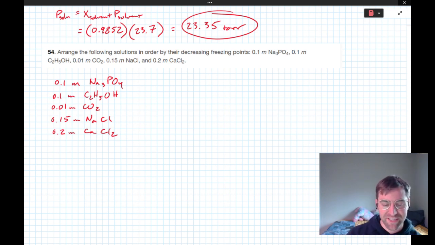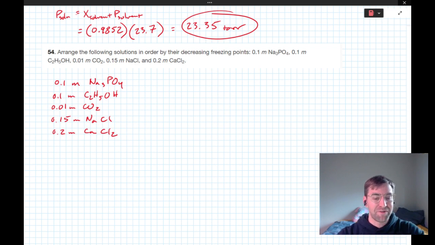The reason that distinction is important is because some of these will dissolve in water, and some of them will not. We could even make this a little easier on ourselves and say, if we put them in a solution in which they are soluble, then we don't have to look at solubility rules.